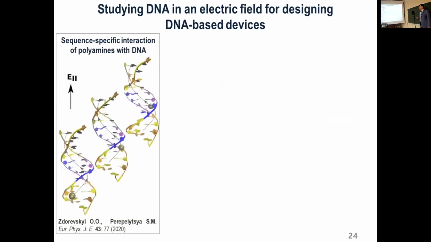Also it's interesting to look at the system of these ions in an electric field. In this case, the ions move along DNA, if this field is parallel to the double helix. But if this field is orthogonal, the DNA double helix can be destroyed.